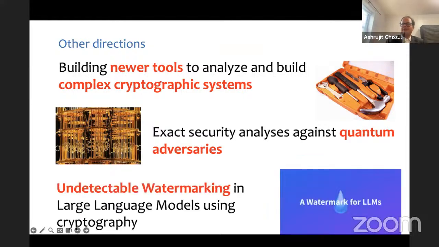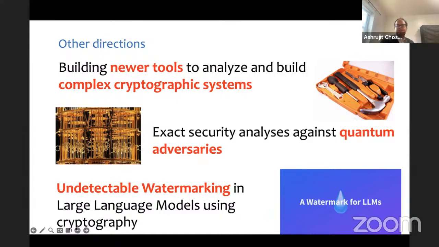Finally, in the last couple of years, there has been a tremendous increase in text generation using large language models. And one challenging issue in this context has been detecting what text is produced by LLMs. There have been attempts to build solutions for watermarking text generated by LLMs, but most of the ones that are used produce a large number of false positives.